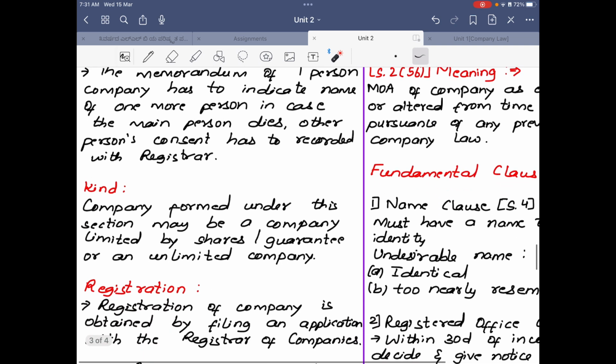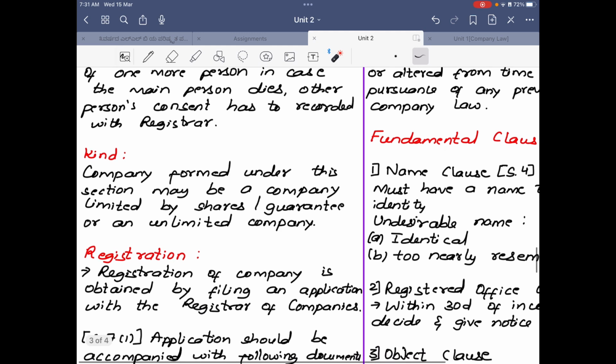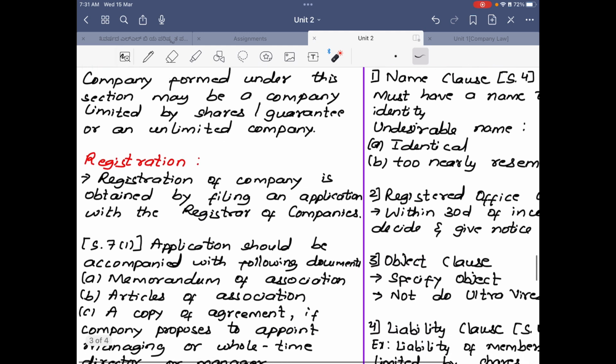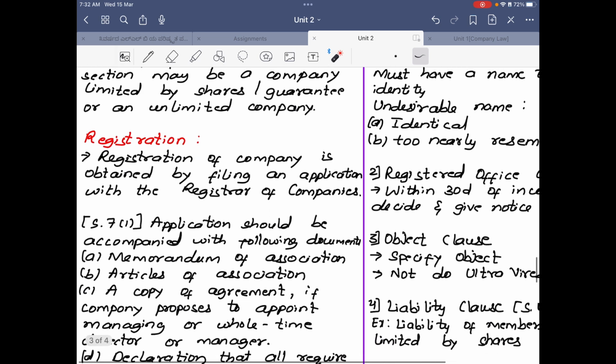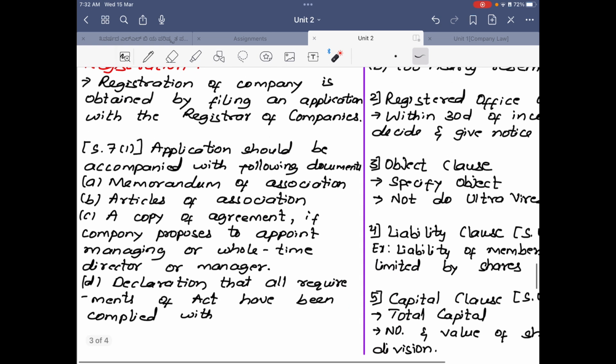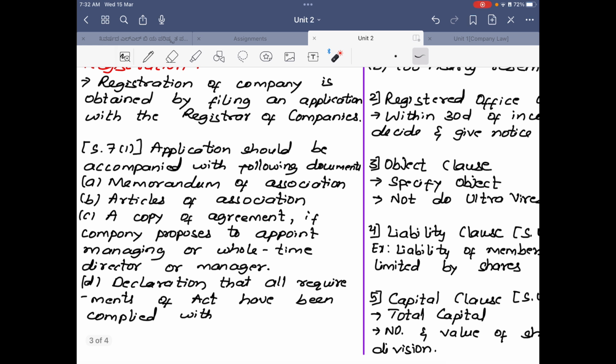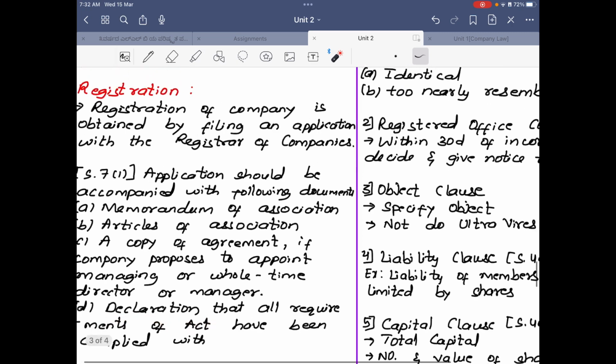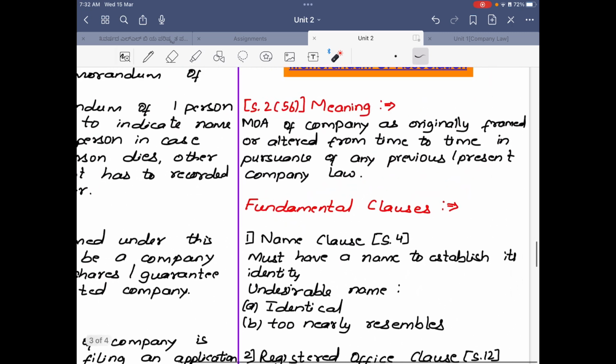Then they specify the kind of the company, whether limited by shares, guarantee, or unlimited. Then they file an application with the registrar for registration. They need 4 documents: a memorandum of association, articles of association, a copy of agreement with the director if appointed, and a declaration. So this is how they form a company.